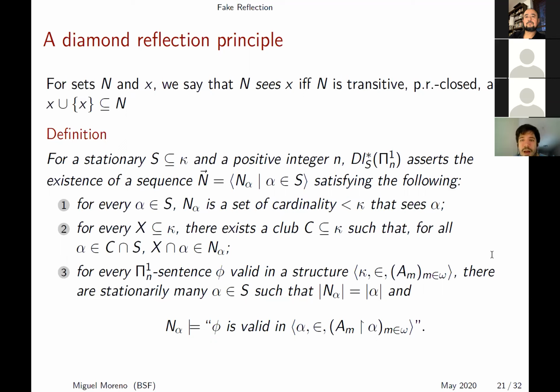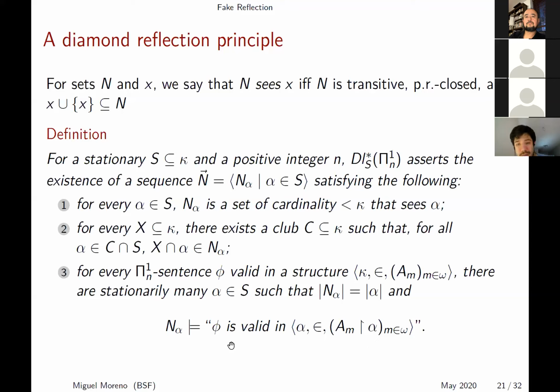So I think N at the end is indeed a model of ZF minus. You can state it this way, but obviously you will need the membership relation, because N alpha must be able to see something of the small structure. It also needs to see validity, because N alpha, the last line, thinks that phi is valid.